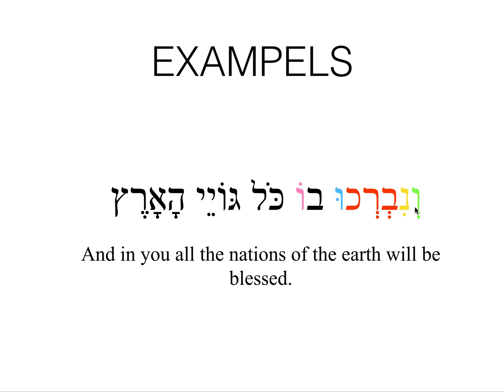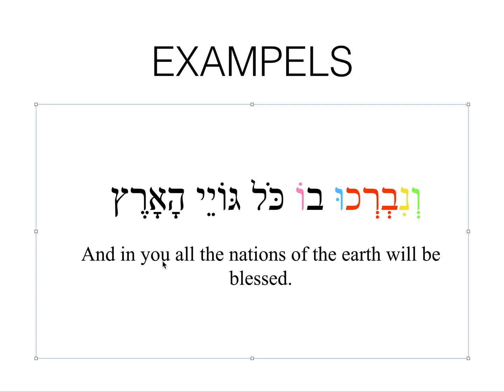And the sentence is, and they will be blessed in him, all the nations of the earth. And then you can make it smoother: and in him all nations of the earth will be blessed.